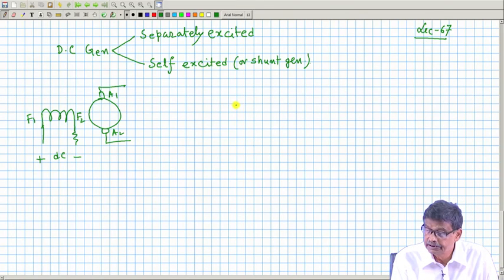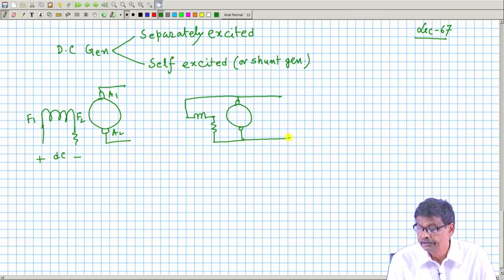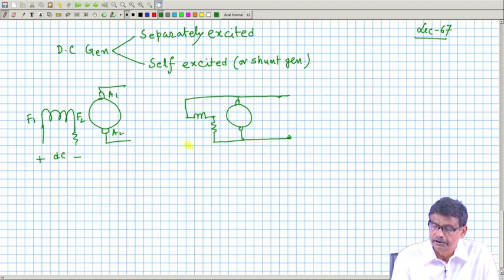In a shunt generator, this is the same field winding F1, F2, with an external resistance connected in parallel with the armature. The value of Ra is much smaller compared to the total resistance of the field coil.